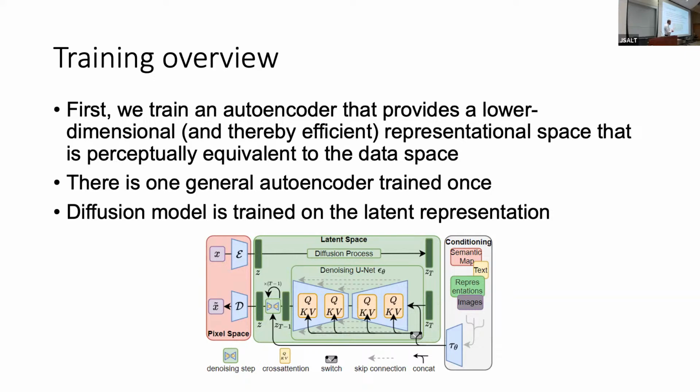You pre-train this on, let's say, some reconstruction task. I will show it on the next slide. And then you get your latent representation, and you do the diffusion process.